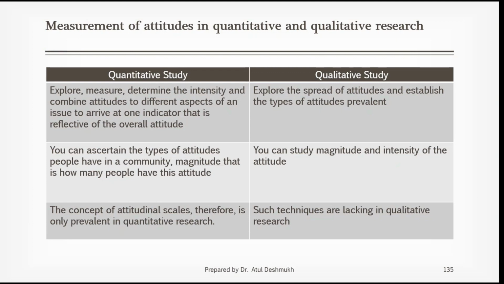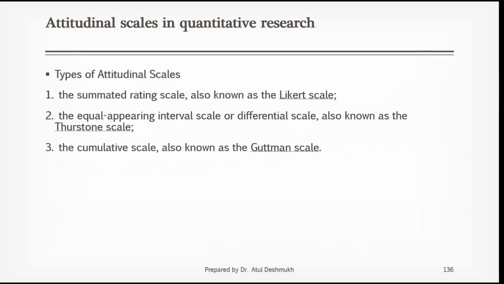And when this is applied, you cannot have a particular concept of an attitudinal scale. Scale means you are putting something into scales to have parameters and averages. That is not possible in a qualitative study, because it explores in depth, an in-depth exploration of the underlying situation or condition. So these are the major differences between the measurement of attitudes in qualitative and quantitative research.